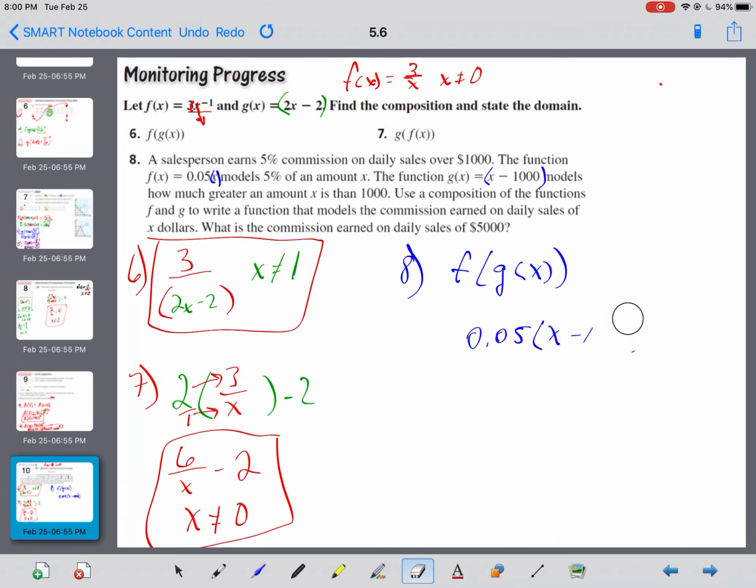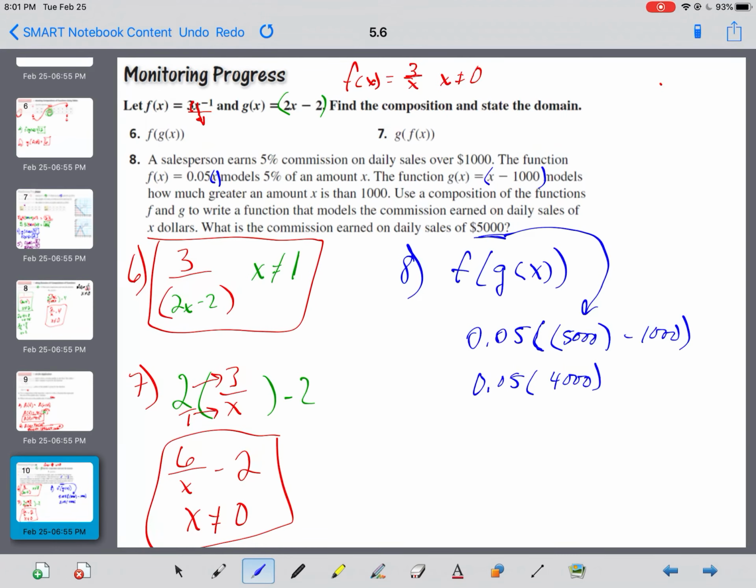Okay. And we actually even have an x, so if I wanted to, I could say, all right, we're plugging in 5,000 into here, and we're going to run that number down. 5,000 minus 1,000 is 4,000.